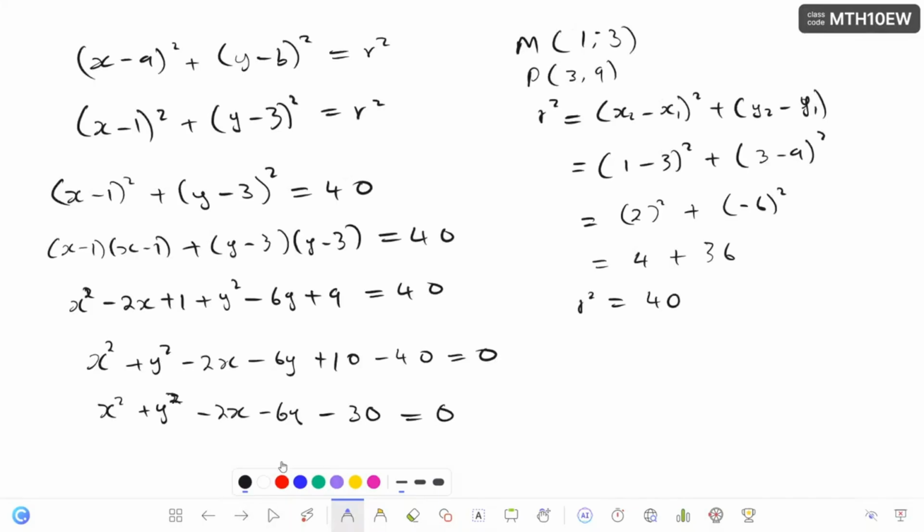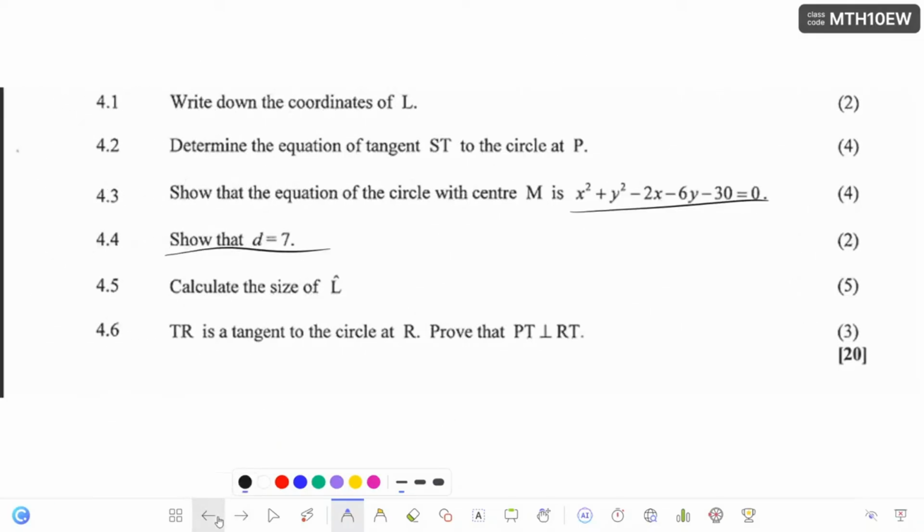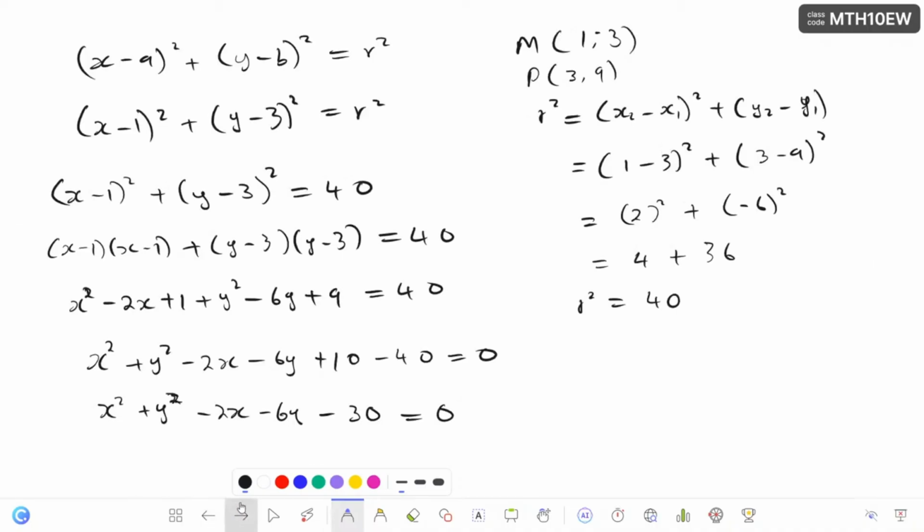If you don't manage to find the equation of a circle, still use the one you are given here to find the answer for this one. So we are going to use the equation of a circle.